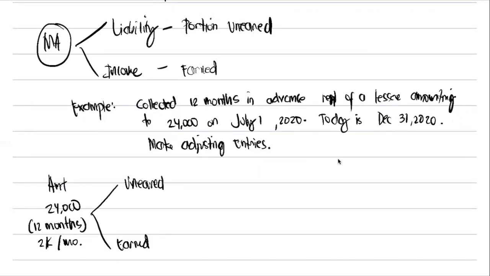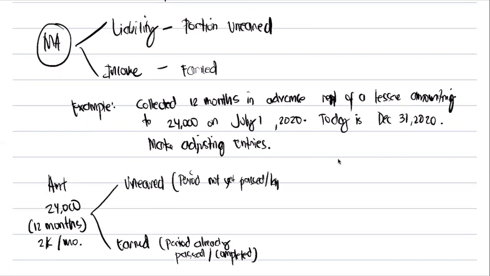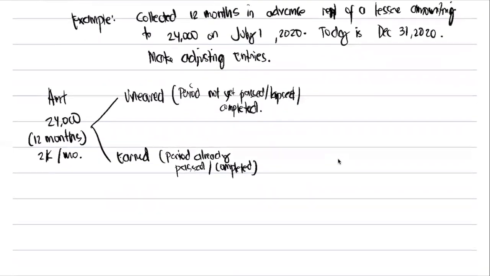So this is the period already passed or completed. This one is the period not yet passed or lapsed or completed. Okay?